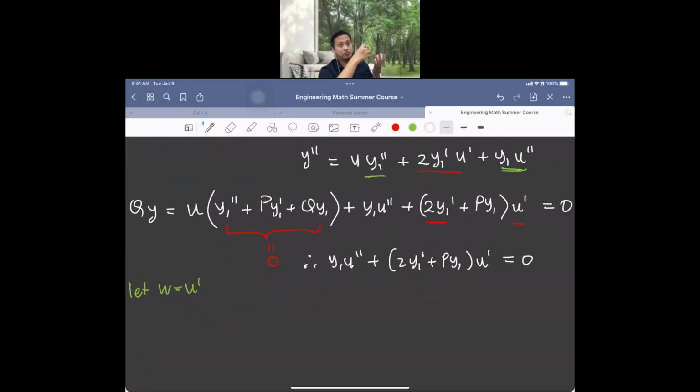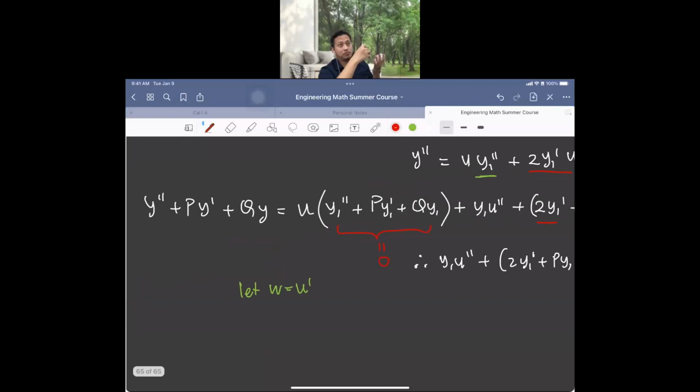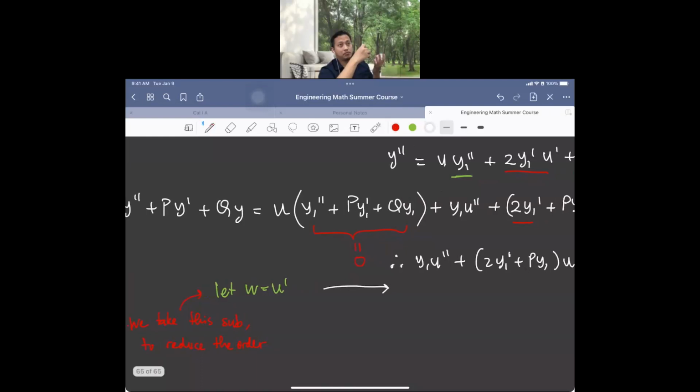Or we let w be u prime, and we can convert this and reduce the order. That's the idea, reduction of order. So we take this substitution to reduce the order.